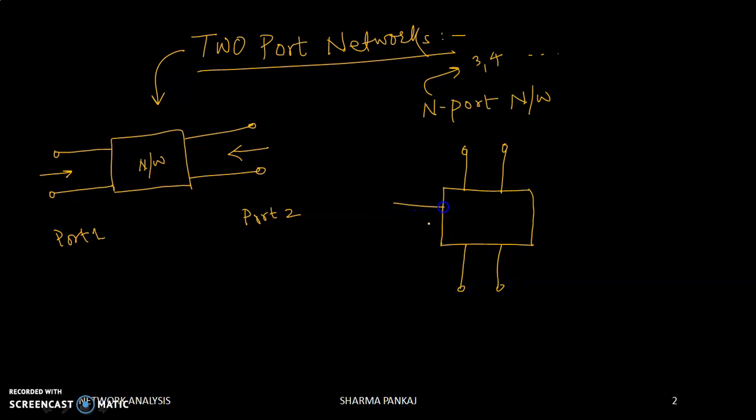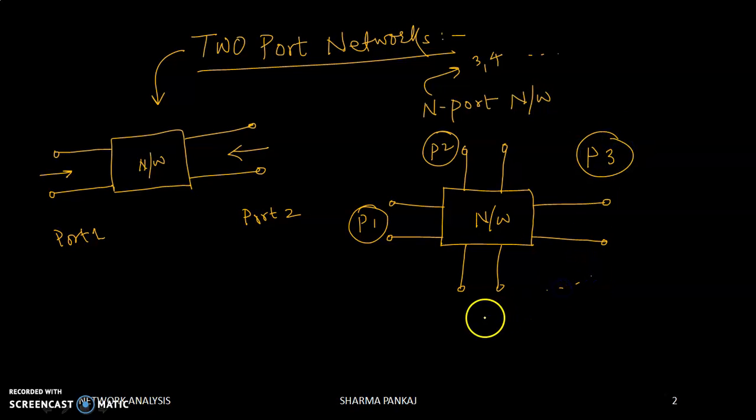This will have n number of ports. This is your network. This is your port 1. This is your port 2. This is your port 3. And this is your port N, the Nth port. Though it is looking like port 1, we can have a model of n number of ports of a system, of a network system.